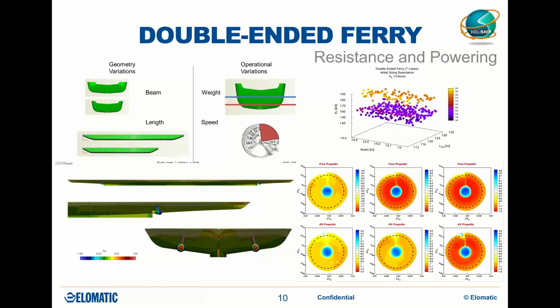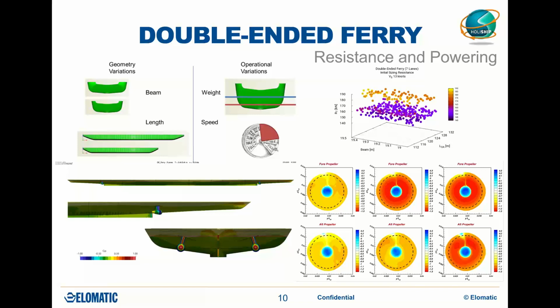So now we can move on to the resistance and propulsion analysis we did in the HOLISHIP project. The CFD resistance analysis was performed by the Hamburg Ship Model Basin, also known as HSVA, and the propulsion analysis was performed by the National Research Council of Italy, called CNR. In the CFD analysis, resistance and power demand were obtained by changing several parameters.